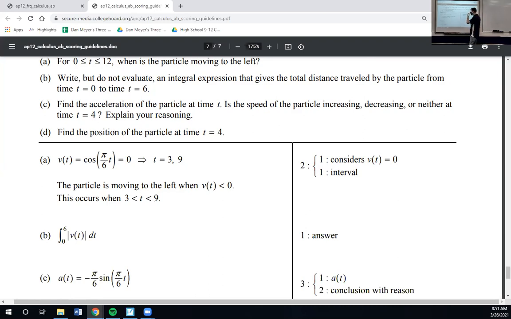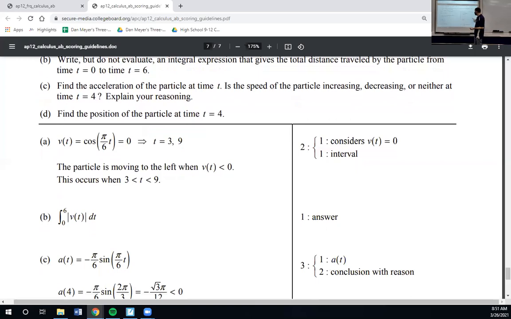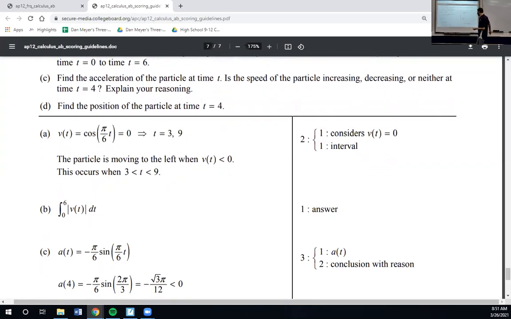Then it asks us, is the speed increasing, decreasing, or neither at time t equals 4? What we really just need to figure out if we plug in 4 is whether it is positive or negative. If I plug in 4, then I get sine of 2 pi over 3, and that's in quadrant 2, and sine is positive in the second quadrant.